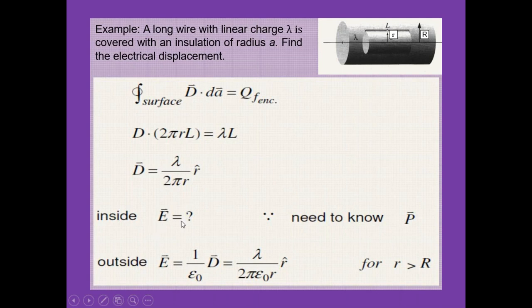We do not know the E, and we need to know this too. So outside we have this formula for E to get our D, which gives us lambda all over 2 pi epsilon multiplied by this, for r greater than R.